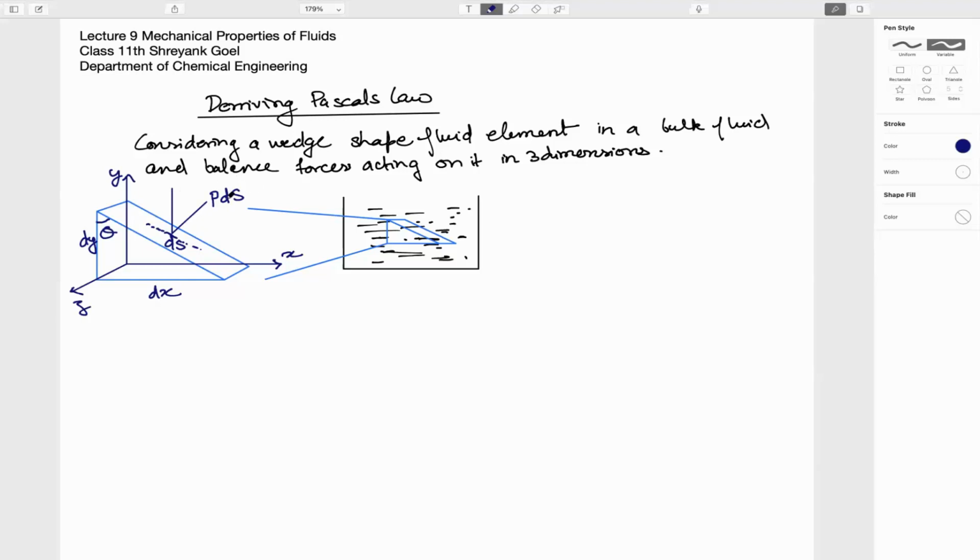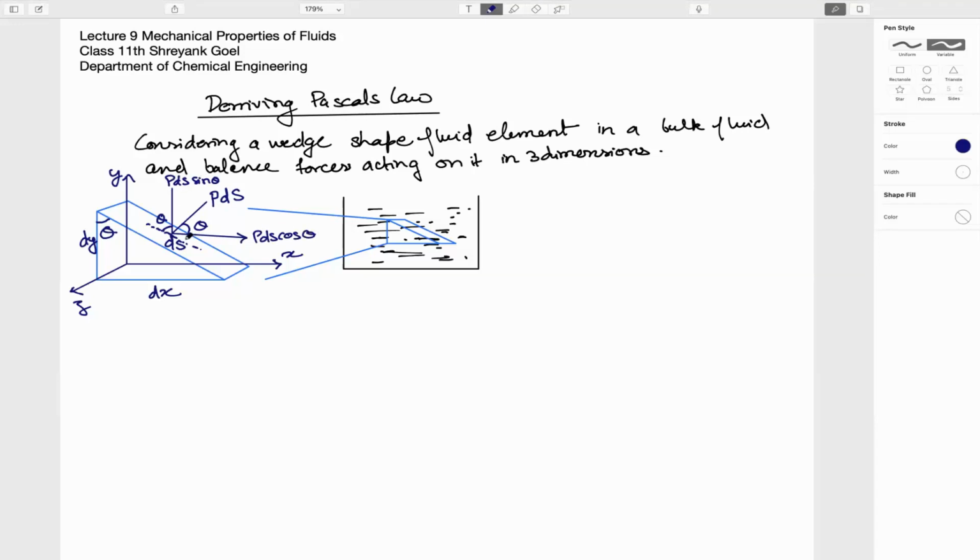And we know this angle is theta, so this will become P ds sine theta, and this component will become P ds cos theta.